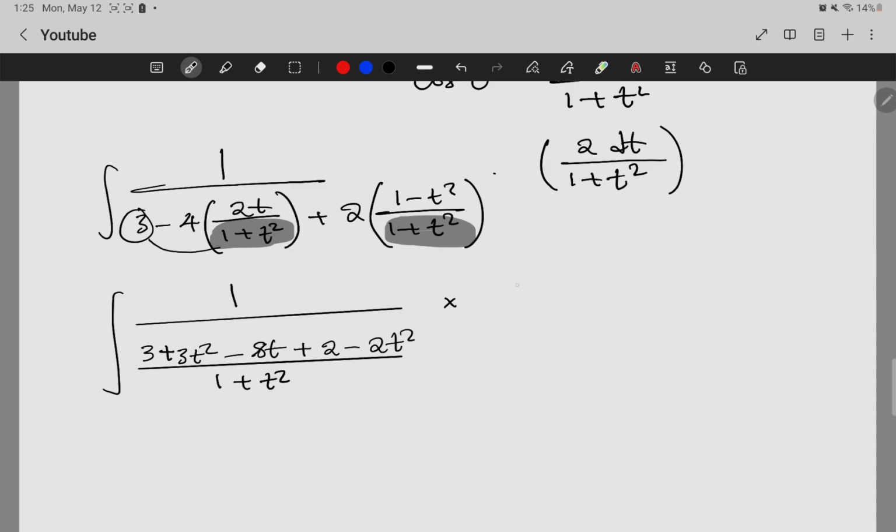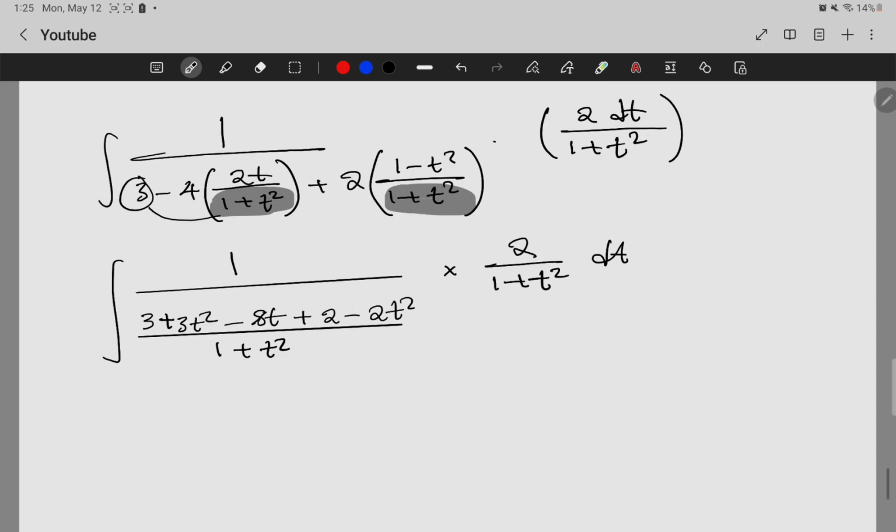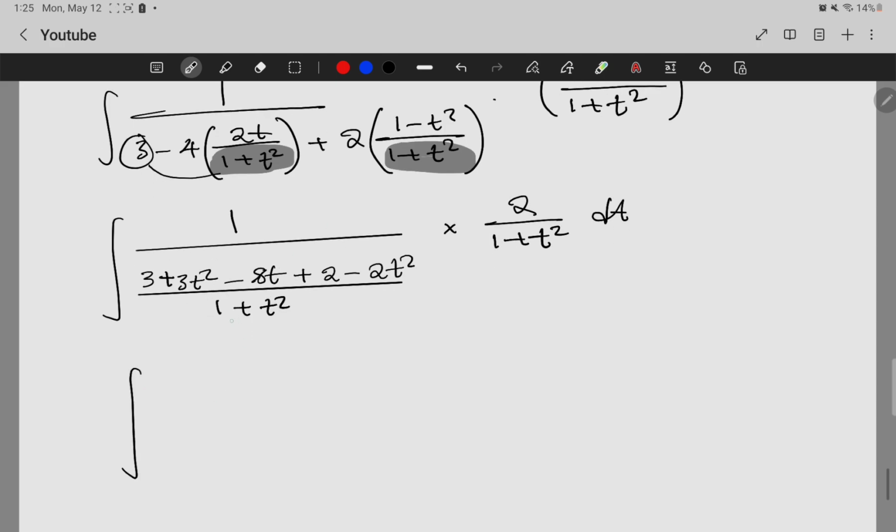Here we still have what d theta is, which is 2 over 1 plus t squared dt. So as a single fraction here, this 1 plus t squared goes up, so that it becomes over that 3. Now I can simplify this. The 3 and the 2 will add up to 5. Then I have minus 8t. Then 3t squared minus 2t squared will just give me t squared.